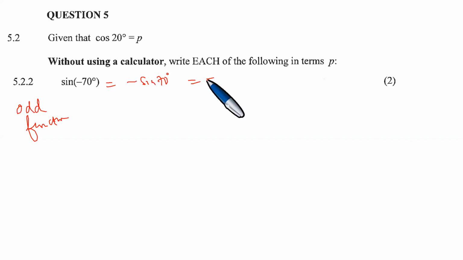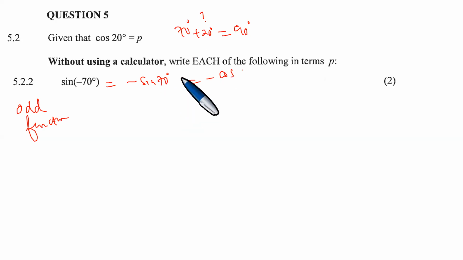You need to learn that sine 70 is equal to the cosine of the complementary angle. What is the complementary angle? It's the angle that you can add to 70 degrees to get 90 degrees. The angle is 20 degrees.